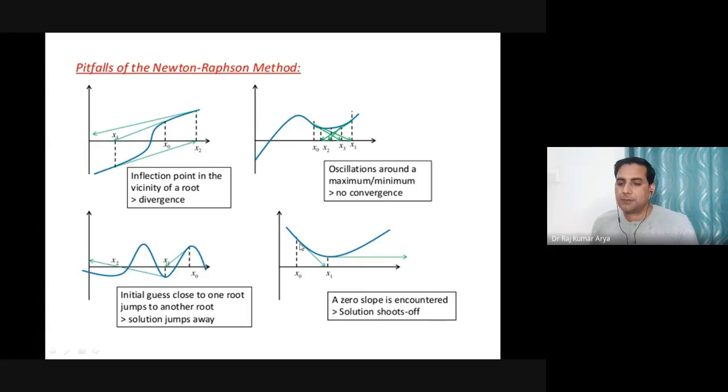Same thing here also. You were here, now you went here, and if you take the tangent here, you go to infinity. Now it doesn't intersect the x axis anywhere. You went into an infinite loop. And now you are thinking that you wrote a wrong program.